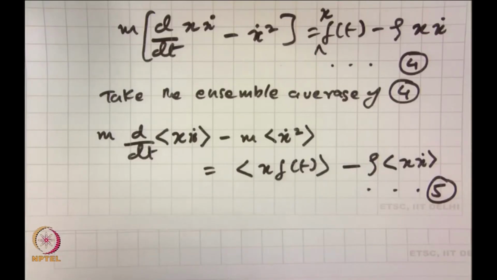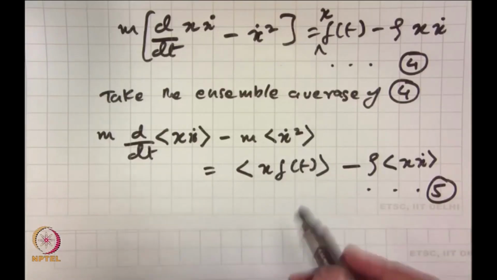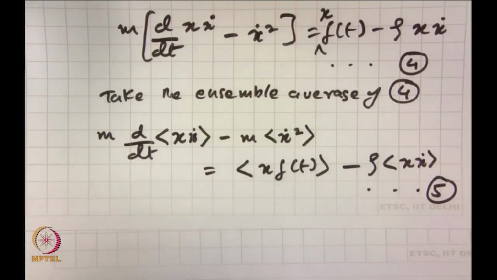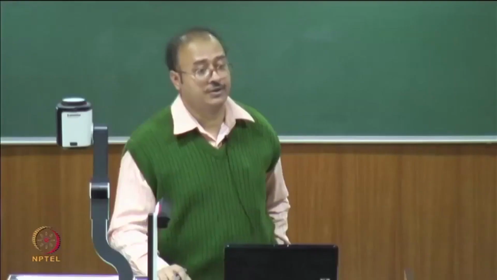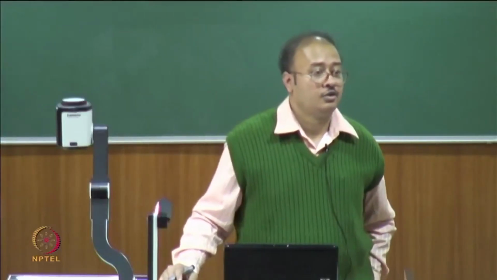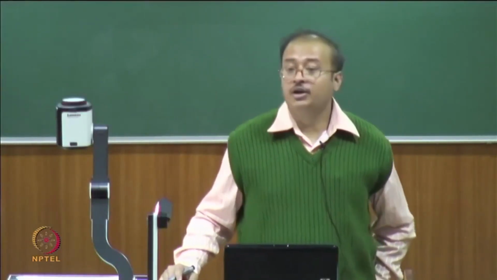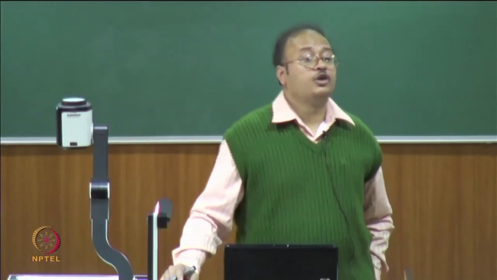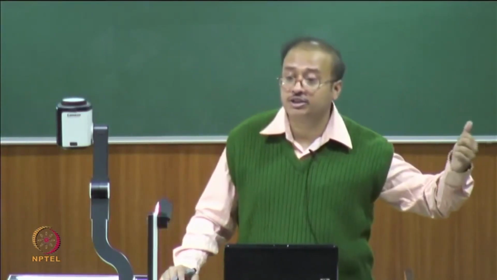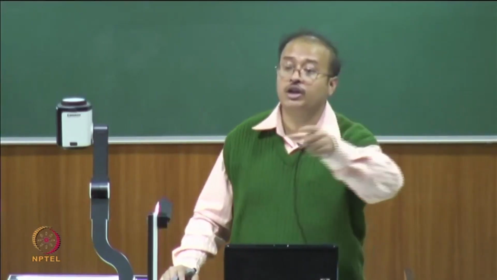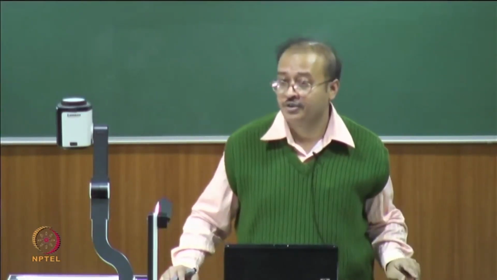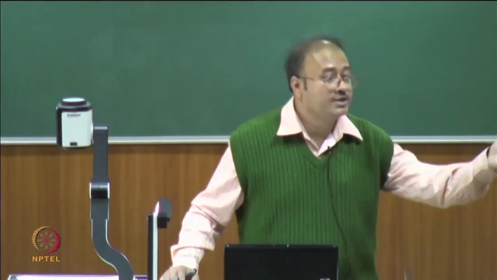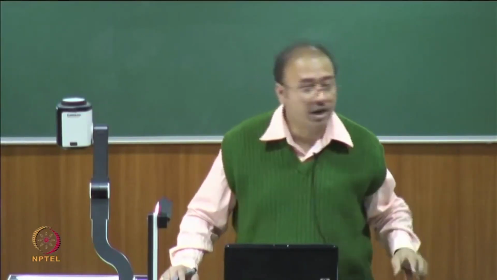Now, before even trying to realize what that gives us, can we do further simplifications of this equation? Can someone tell me? For example, what about the force term on the right hand side? Remember, when we did the velocity correlation, we said that your initial velocity was not correlated with your fluctuating force f of t. So, here we also take that your initial position is not correlated with f of t.